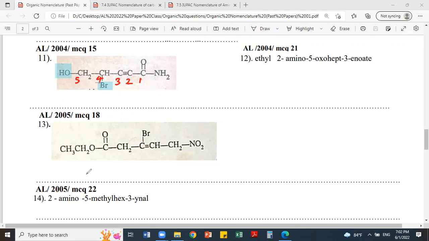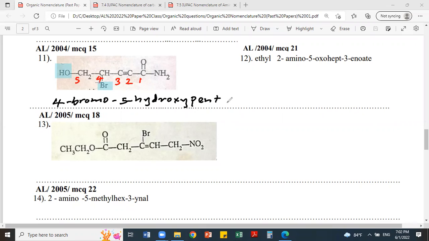After writing also you have to check again. 4 bromo, 5 hydroxy, then after that what? Pent, no? There are 5 carbons in the longest chain, pent.